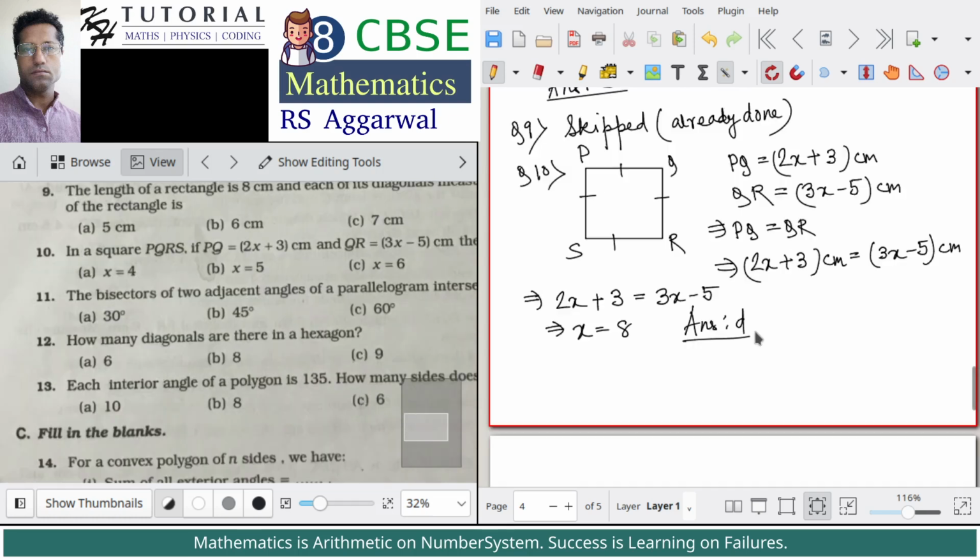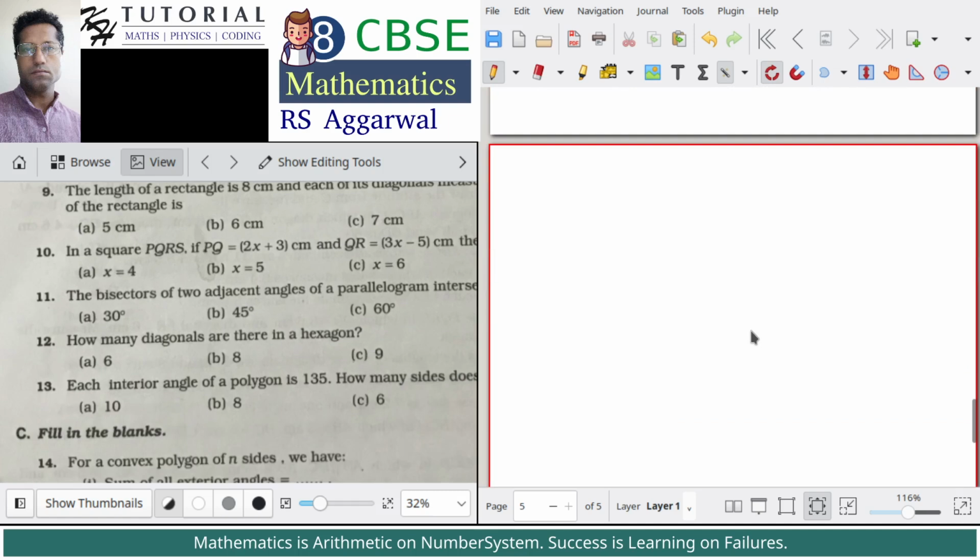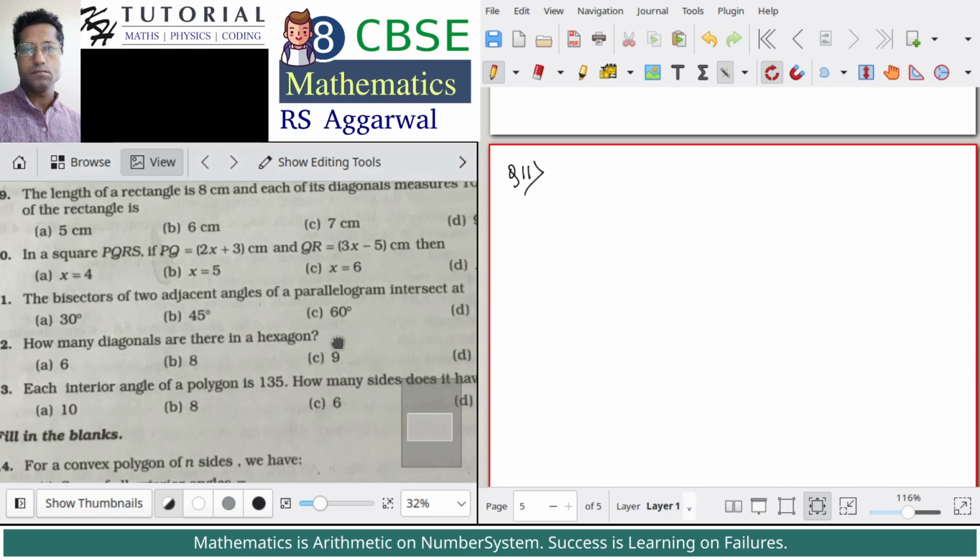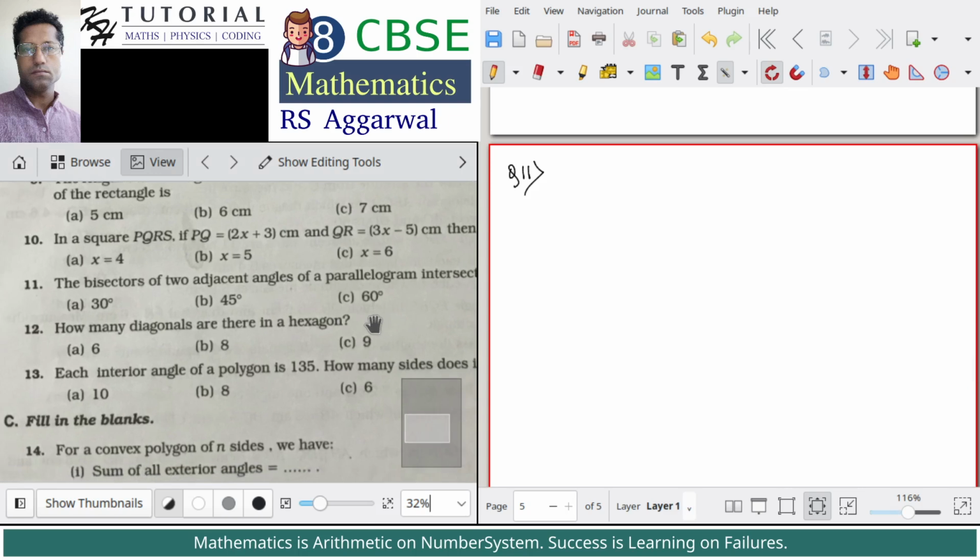Okay, let's do question number 11. The bisectors of two adjacent angles of a parallelogram intersect at, it will be 90 degree. So this is a very standard result.